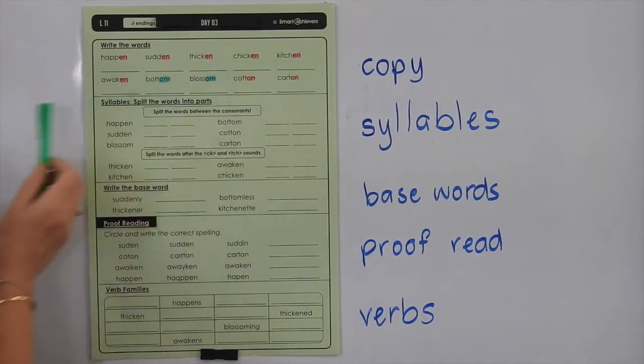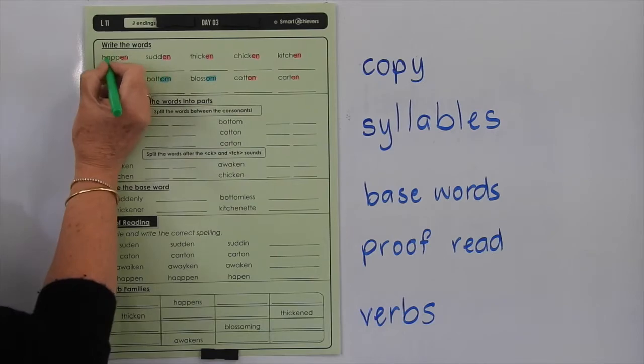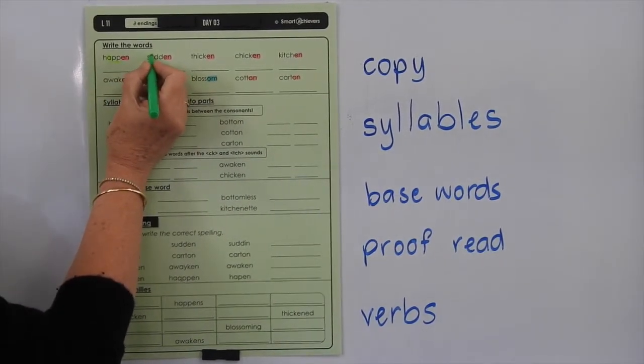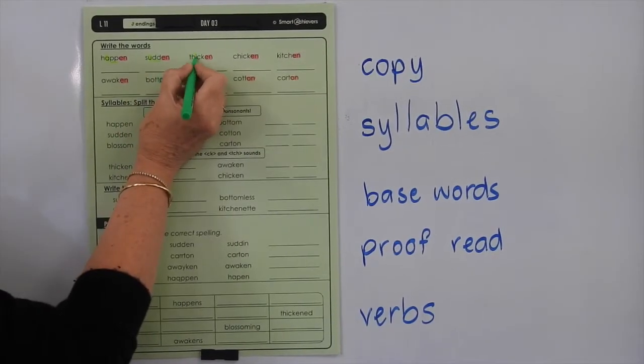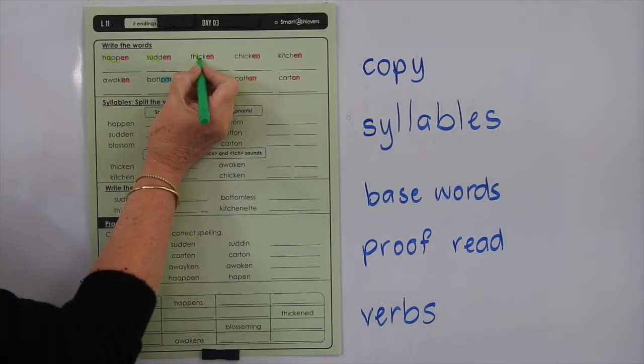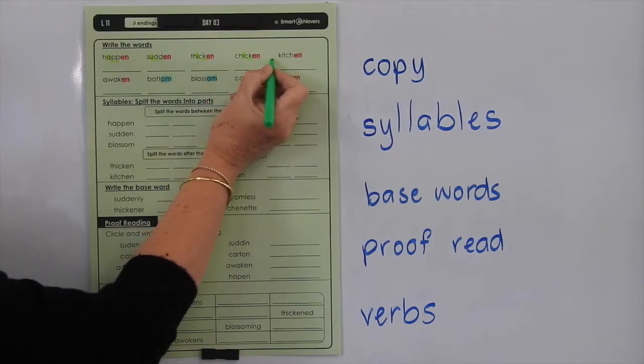The other things we've got in these words is we've got a short vowel sound and a double consonant after that. So short vowel, double consonant, short vowel. We can't put a double C or a double K in a word, so we use one C and one K. That's fine. Same as in chicken, short vowel sound, double the consonant.